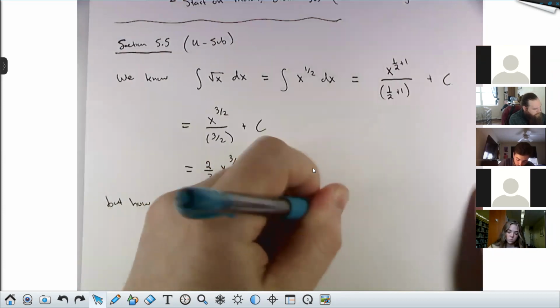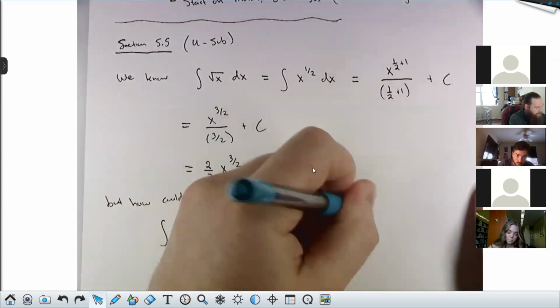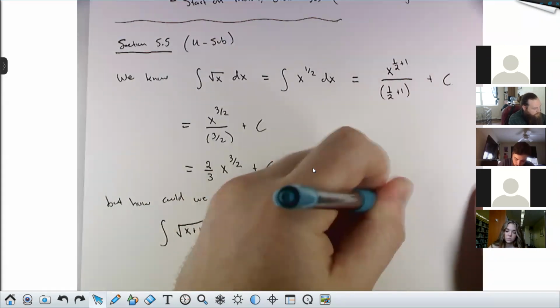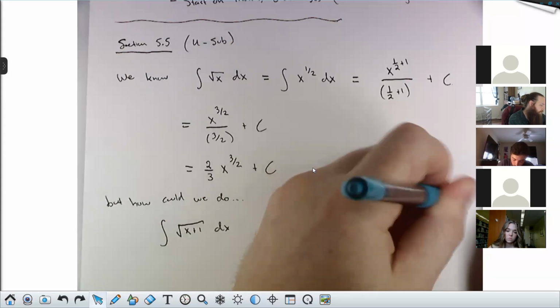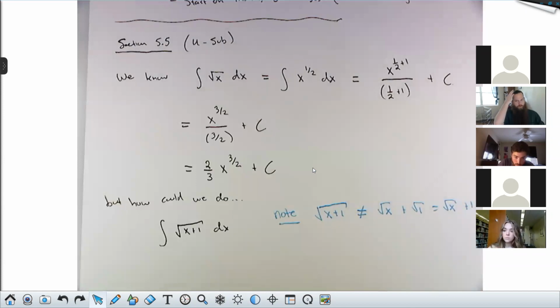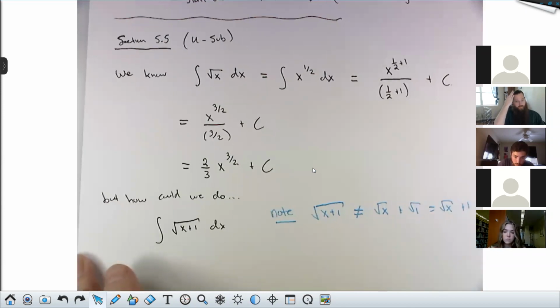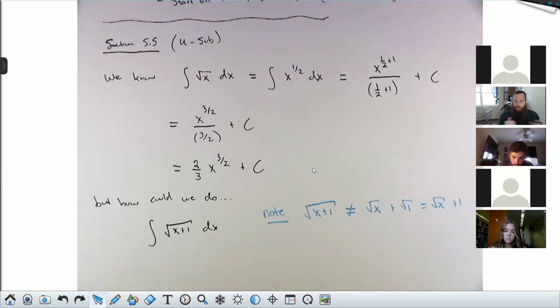The square root of x plus 1 is very much not the square root of x plus the square root of 1, which would be root x plus 1 like this. This never works. Square roots and powers in general do not distribute over addition or subtraction. I can't tell you how often I see this. Please don't do it. If this did work, then okay, we just integrate this and this separately. But since this doesn't work, we need to do something else.